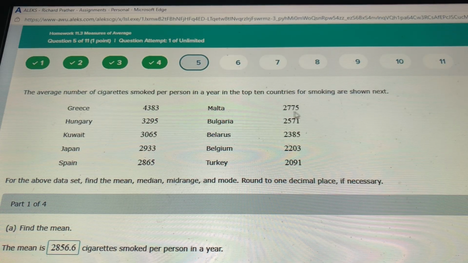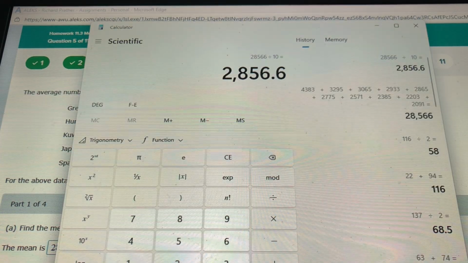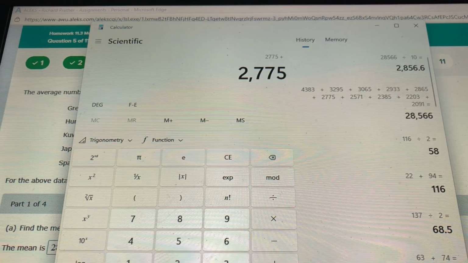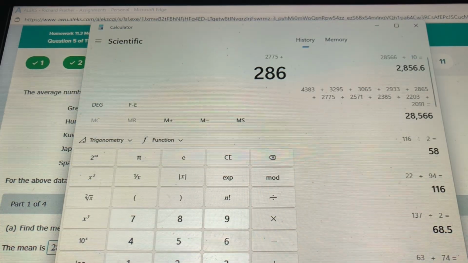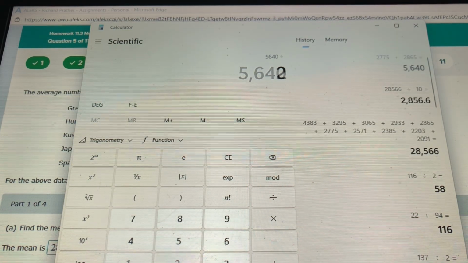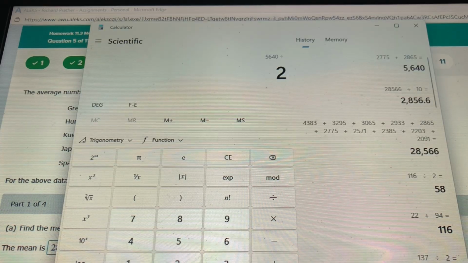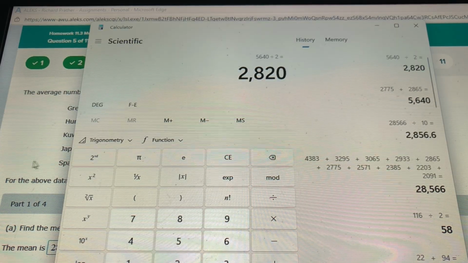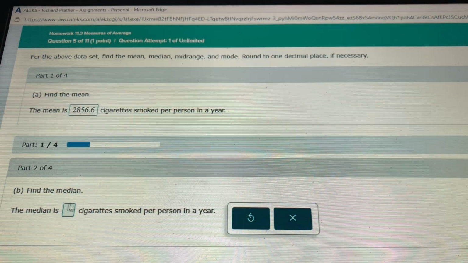There's two numbers in the middle, this 2775 and this 2865. I have to add them up and divide by 2 since there's two numbers in the middle. And it came out to 2820 exactly.